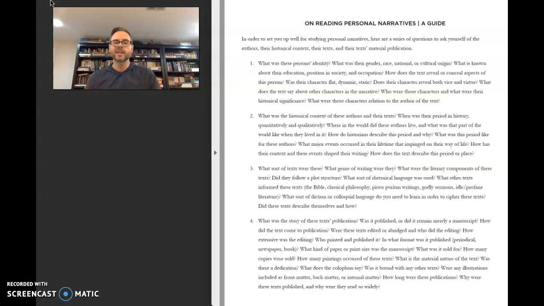Because every text has an ongoing story, especially if that text has a long life in publication. So I just want to go over these four clusters of questions. I'm not going to exhaustively cover them. I'm also not going to just reiterate these questions by reading them to you, but I'm going to talk about each of their subject matter in turn.